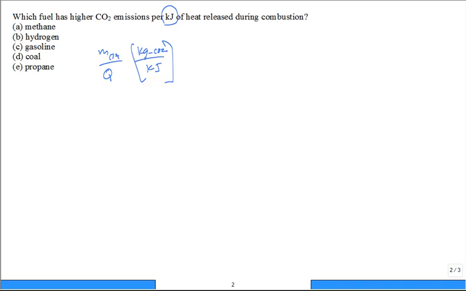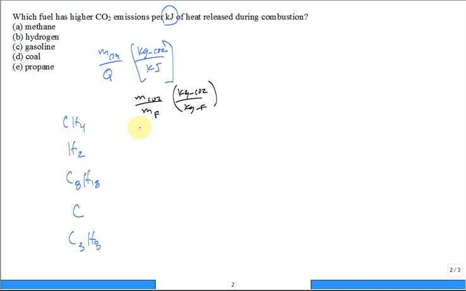Well, we just did this for each of these fuels: for CH4, for H2, for C8H18, for carbon, coal, and C3H8. We just computed the mass of CO2 per mass of fuel, and we reported it in kilograms of CO2 per kilogram of the fuel.